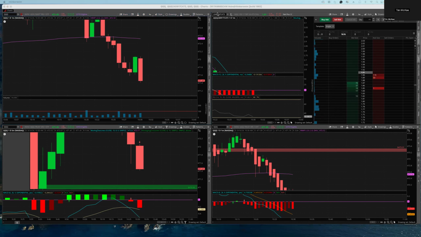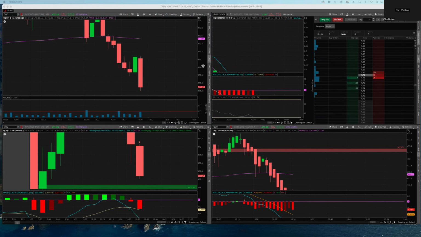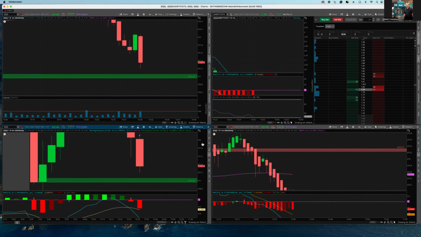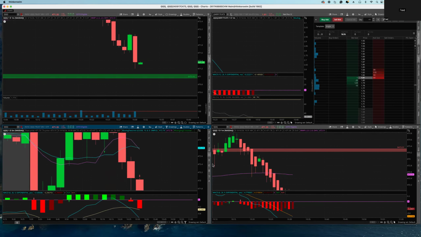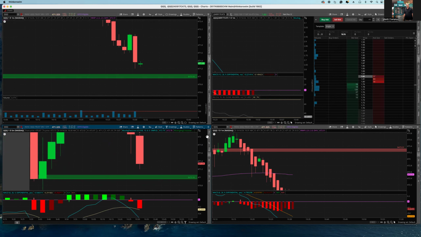All right. I'm going to go ahead and try to get in this. And it passed me right by. It's the 472 on the put side. It's getting near the zone though. I think I'm going to wait, see if it goes through the zone or bounces off.